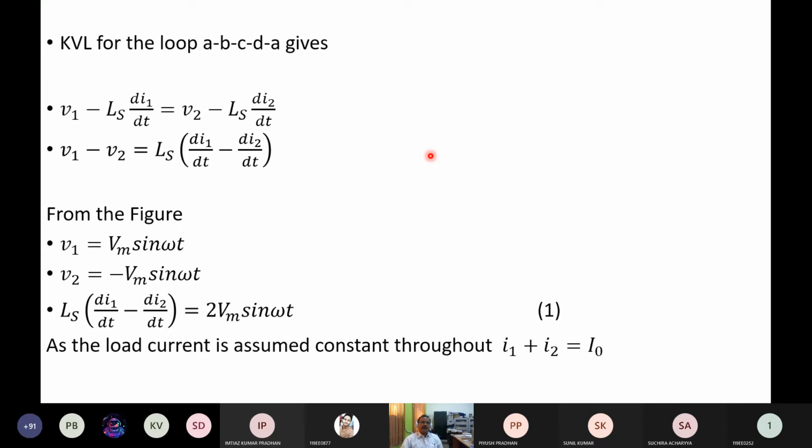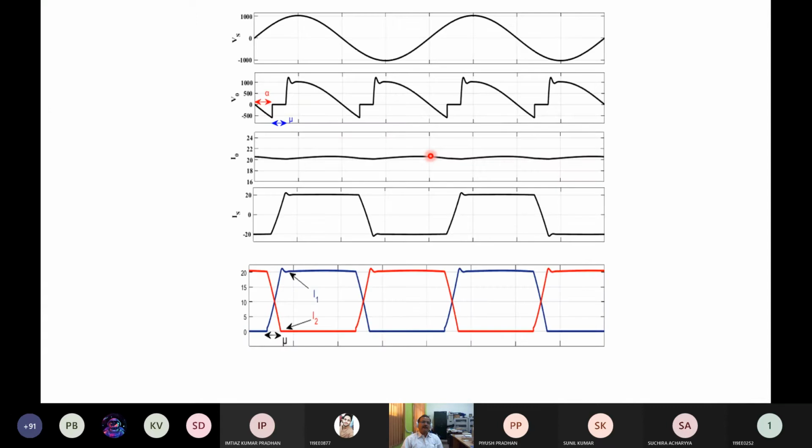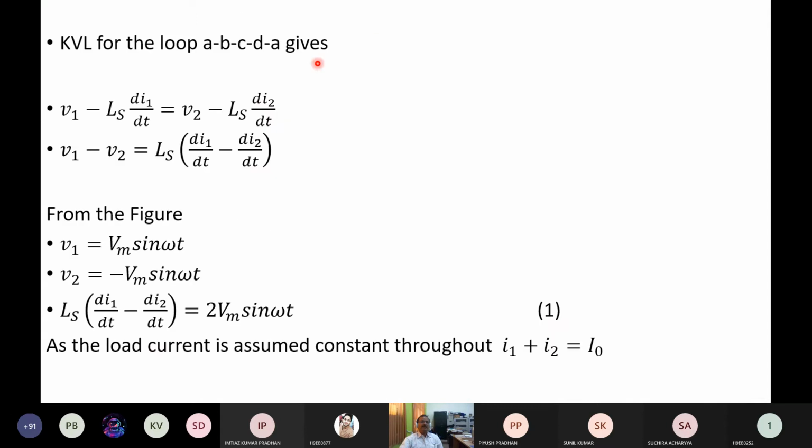So that is the equivalent circuit, and from this equivalent circuit, this is the equation. V1 minus Ls di1 by dt is equal to V2 minus Ls di2 by dt. Okay. Or V1 minus V2 is equal to Ls times di1 by dt minus di2 by dt.